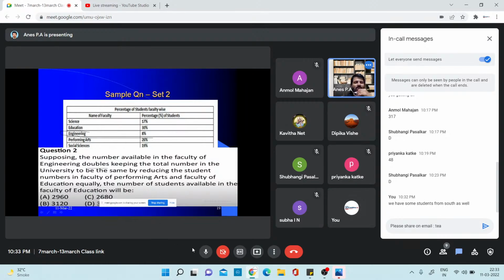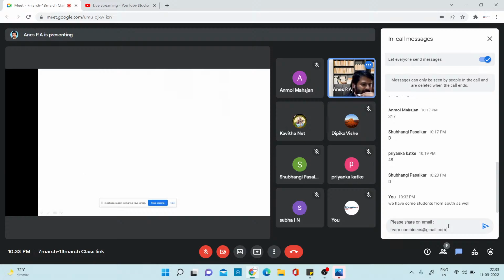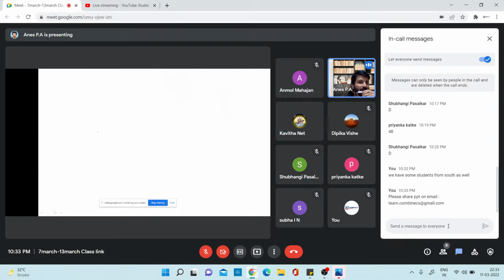Okay. So here we need to find, I will do this question on our white screen. We need to double the value of the engineering section, so we need to find how many students are there in the engineering section.